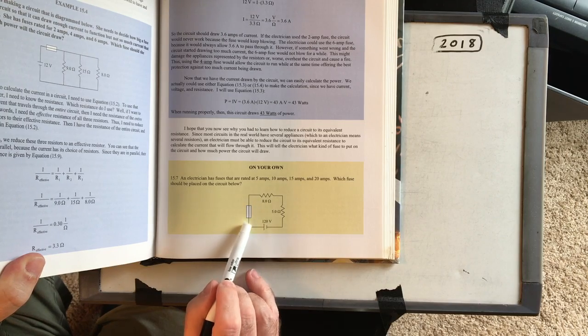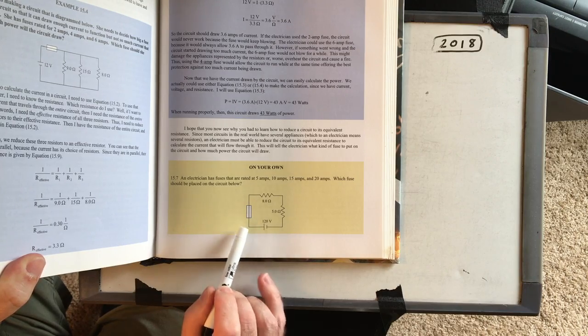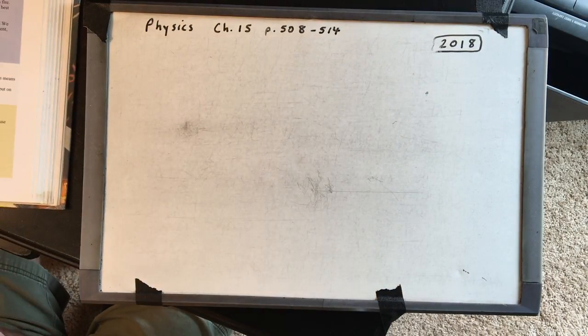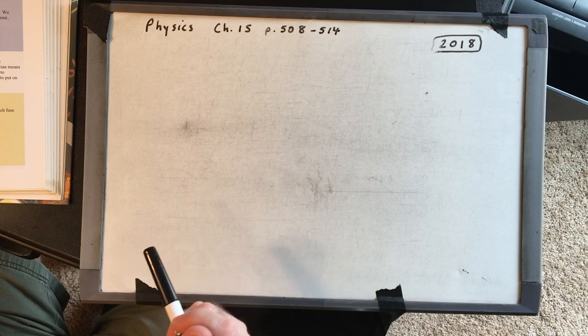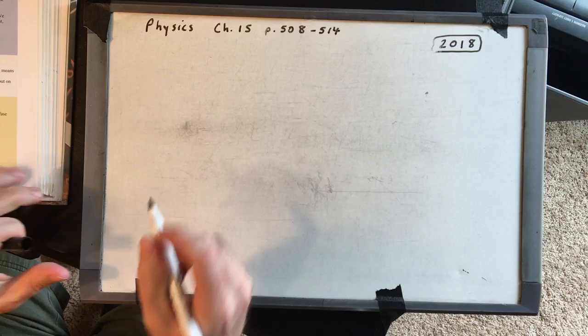It's just symbolized with a rectangle in the circuit. And it's asking what fuse we need to use. So what we need to do for this circuit is figure out the current, because a fuse is a current device. And we want to pick the fuse that's just above the current in this particular circuit.